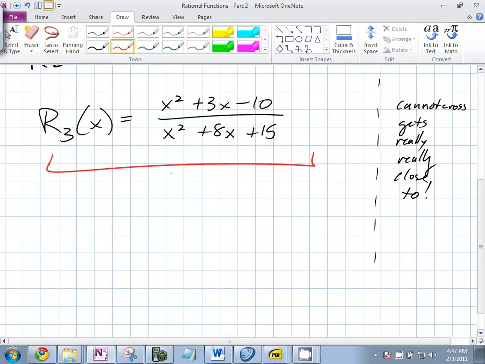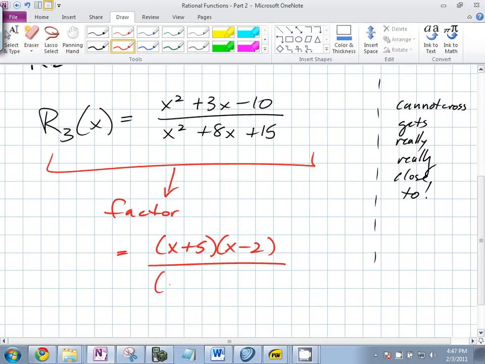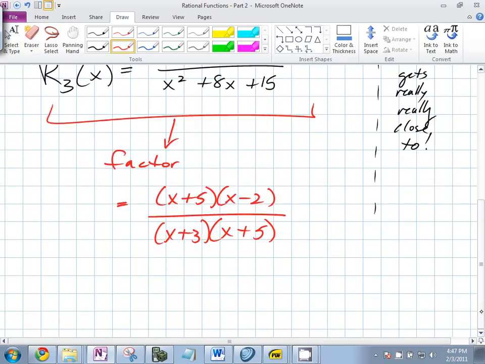So the first thing you need to do is factor if you can. In this case, you can factor. The numerator turns into x plus 5 times x minus 2, and the denominator turns into x plus 3 times x plus 5. You'll notice that there's a common factor on the top and bottom, the x plus 5 and the x plus 5, leaving you with x minus 2 over x plus 3.